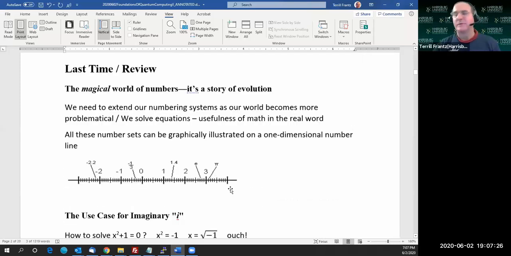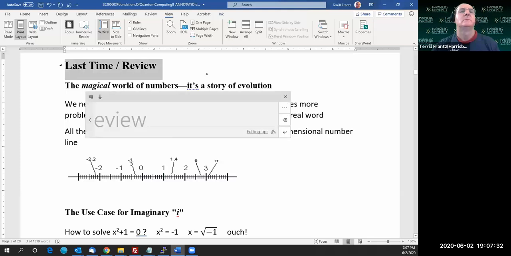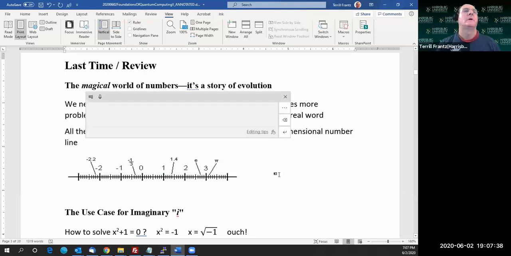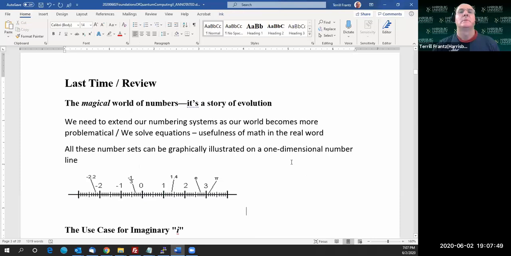Again, just as a... bear with me. Oh, shoot. All right, well, I'll use the cursor.